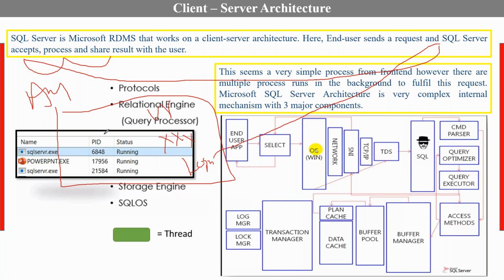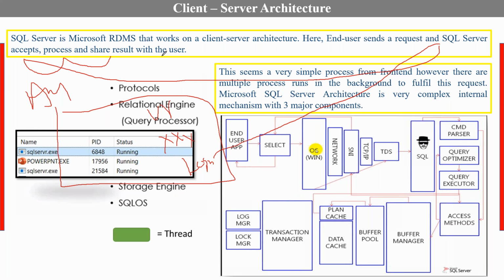So whenever you are trying to log into a portal, or performing anything, sir, it will connect to the SQL Server backend. It will accept your connection, process your connection, and share the result with the users. That's it, right?